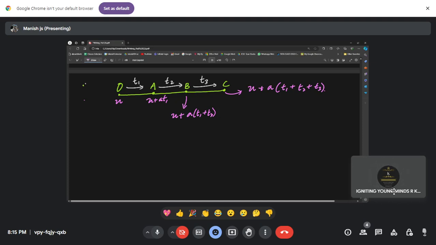Once you have written the velocities for each and every successive point, now we have to go and find out the relations for them. So what is v1?